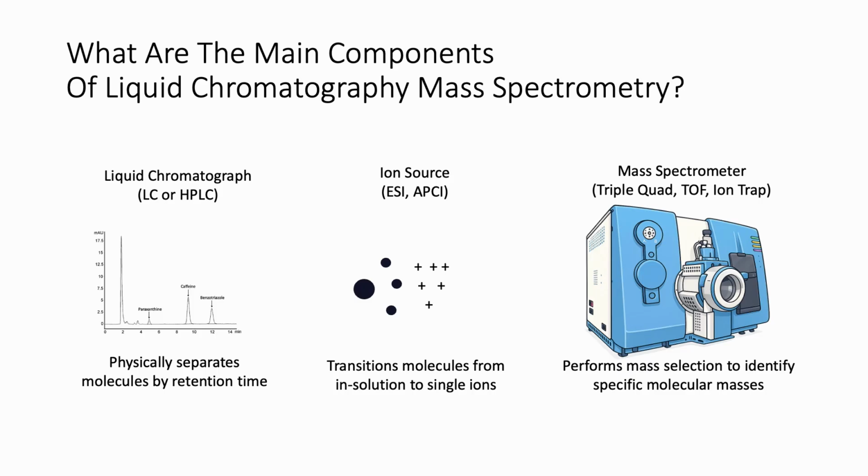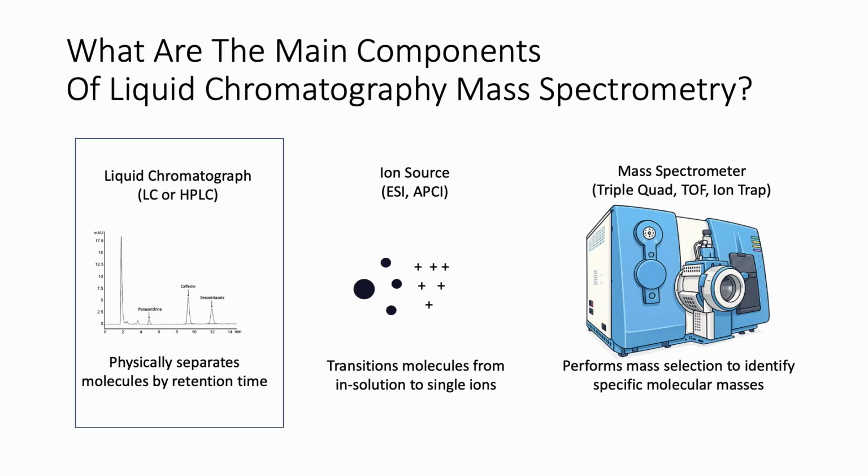And that happens in something called the ion source. And finally, once you have ions, they have to be filtered and detected and quantitated. And that's where your mass spectrometer can help. They can perform what's called mass analysis.